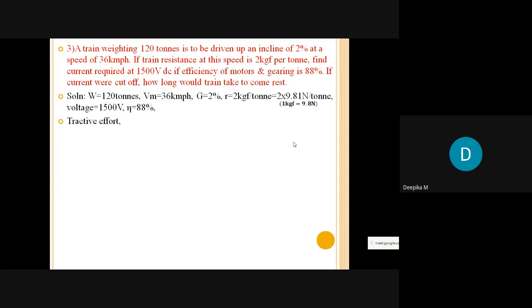So again we have to follow the same procedure. That is, we have to calculate the time T3. So how will I calculate the time T3? The tractive effort is nothing but 98.1 Wg plus Wr. Here, the acceleration period we are not interested in.